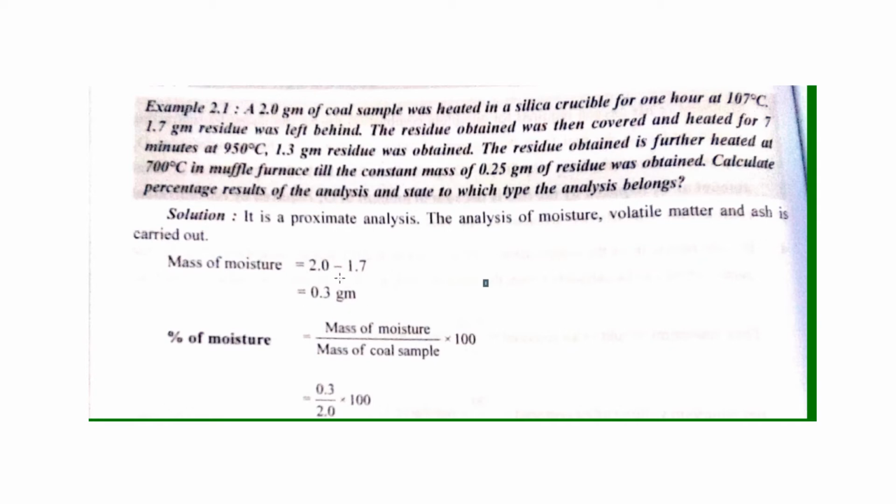This is the weight lost by the coal sample due to moisture upon weight of coal sample into 100. By putting the values in this formula, we will get the percentage of moisture.